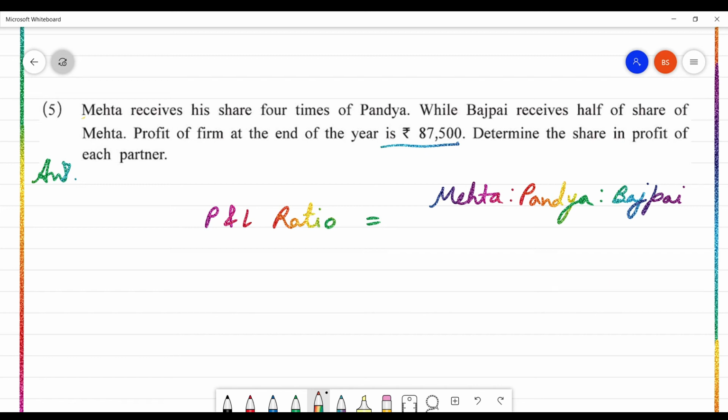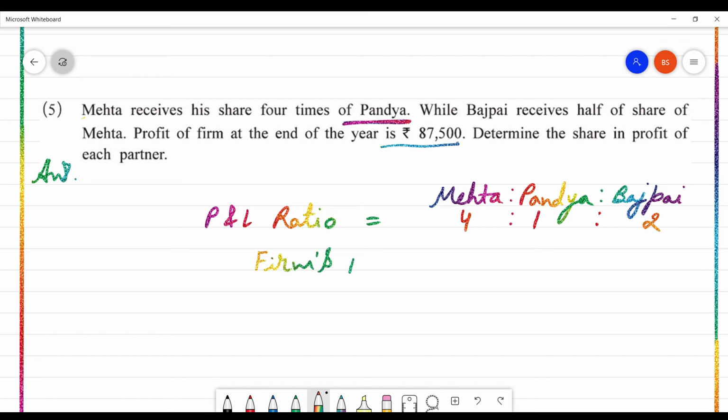So we will assume that Pandya will get 1 share. So Mehta will get 4 times of Pandya, 4 into 1, 4. After that, Bajpai receives half of share of Mehta. So we will divide Mehta's share by 2. So we will get 2.